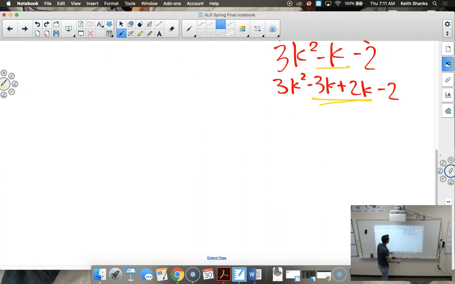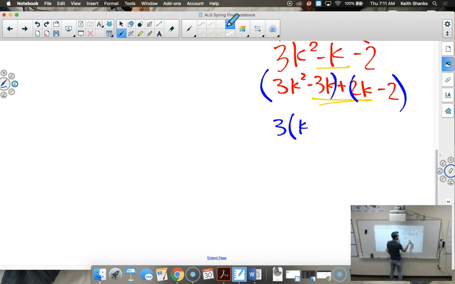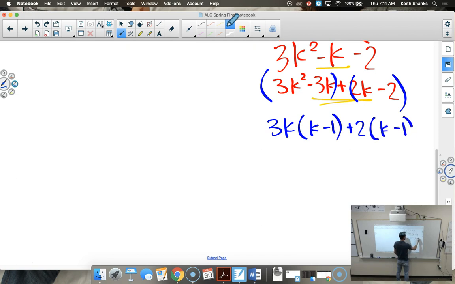What I would do next is group together these values and these values. I end up with 3 times k minus, sorry, I can factor out 3k. I'm left with k minus 1. And I can factor out from here a 2, and I'm left with k minus 1.